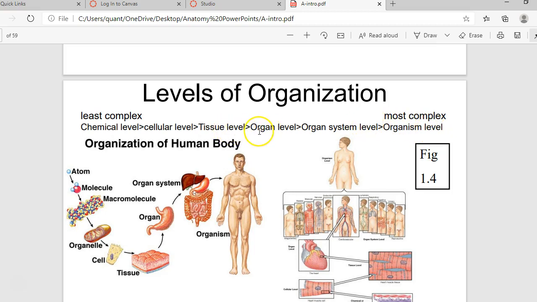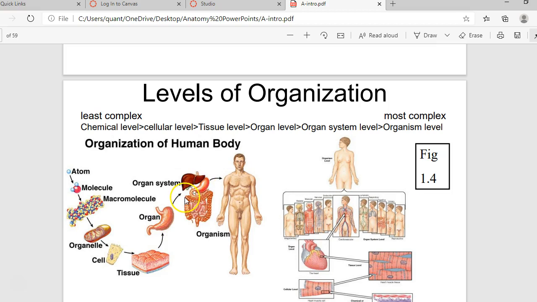So think about it. Say you've got an organ like the stomach. Here's a stomach. It can have different tissues in it. You have four major tissue types. Epithelial tissue is one. Muscle tissue is another. Neural tissue, and then a catch-all category would be connective tissue.